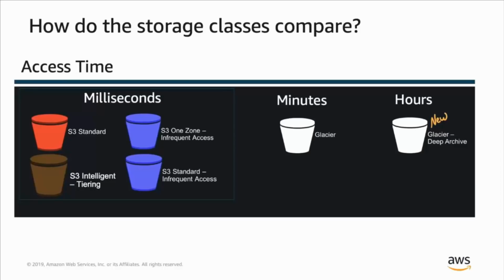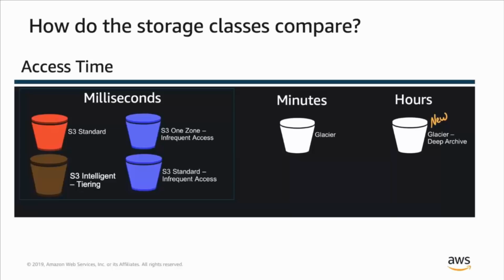So just talking about all the storage classes and thinking about how they compare along a few different vectors is important. And access time is one of the most important considerations here. Again, all of the S3 frequent and infrequent access classes offer access to your bytes in milliseconds. And while there might be a slightly different cost structure, you can get those bytes very, very quickly to run analysis on or to serve to a customer or anything like that.